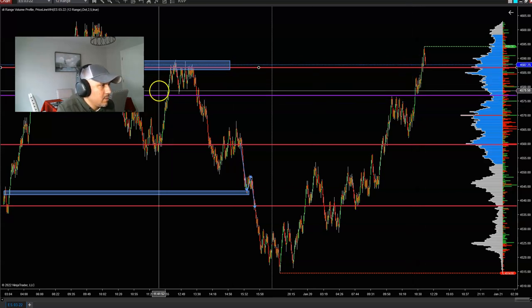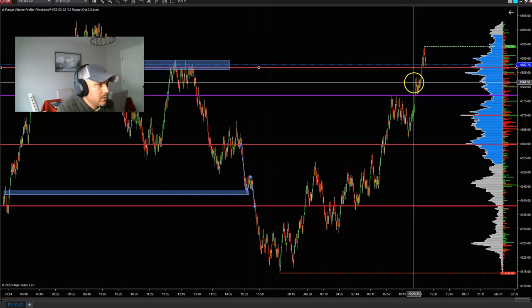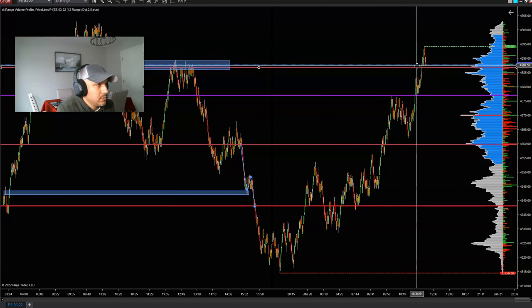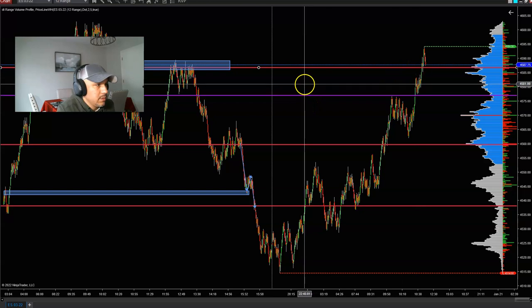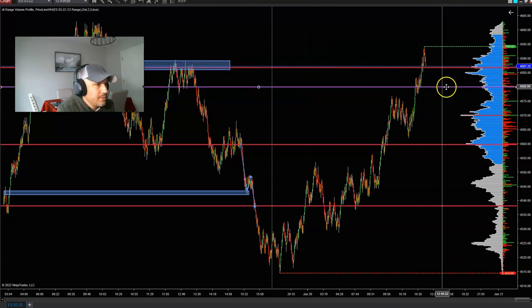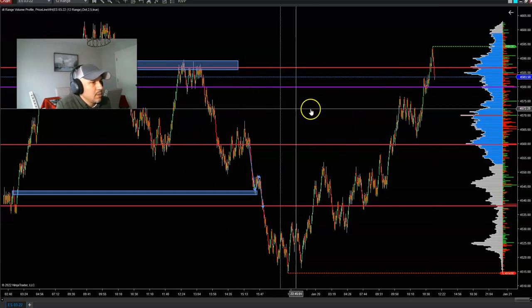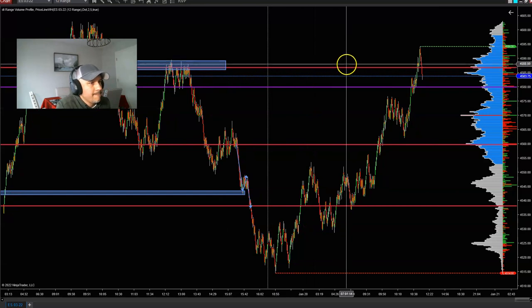Let me take a look at. Let me see something here. I like this area here too, around 80 as well. All right, price is still pushing lower.